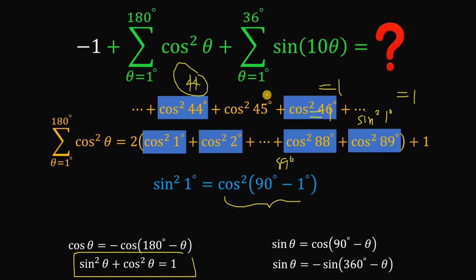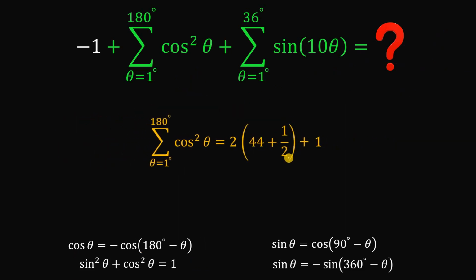And now, also take note that cosine 45 degrees is square root of 2 over 2. And if we square this, we get 2 over 4, or simply 1 half. So inside the parentheses, we have 44 1s and 1 half. So this is equivalent to 2 times 44 plus 1 over 2.